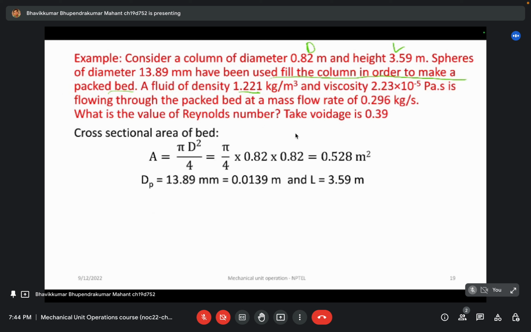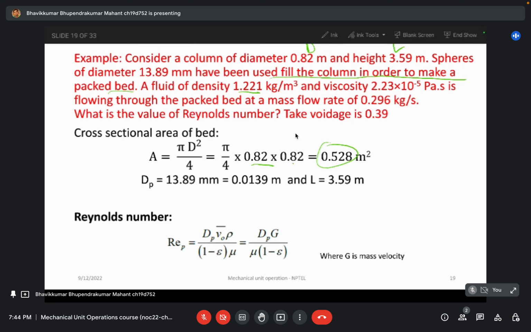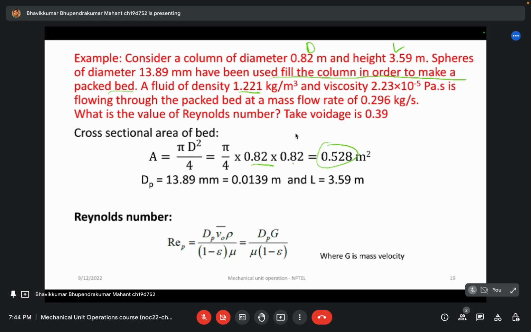Here the column diameter is 0.82, so you multiply 0.82 squared by pi by 4, and you will get 0.528 meter square. And the particle diameter is 13.89 millimeter. You need to convert it into meter as we follow SI units. So 0.0139 meter, and the length or height is given as 3.59 meter.